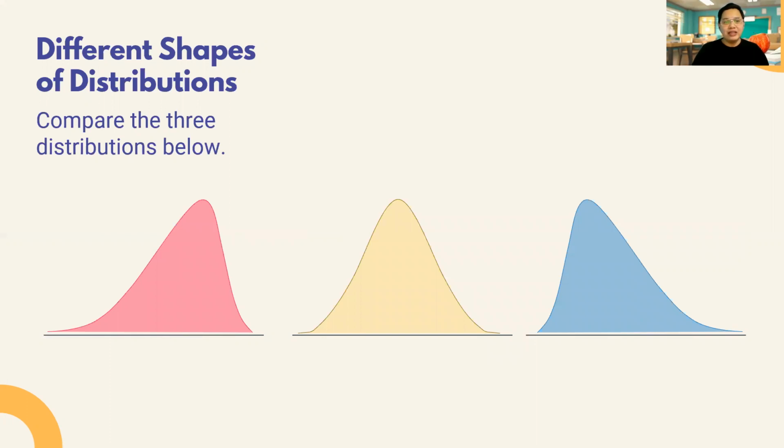So now let's take a look at the different shapes of distributions. Because density curves provide a visual representation of a certain distribution, we also call it the shape of the distribution. And what we're going to do now is I would like you to take a look at the 3 different density curves representing 3 different distributions that you see on the slide. Now, what do you notice?